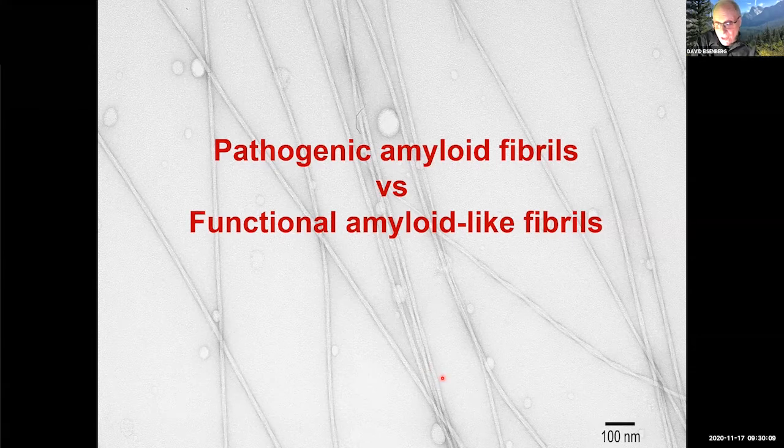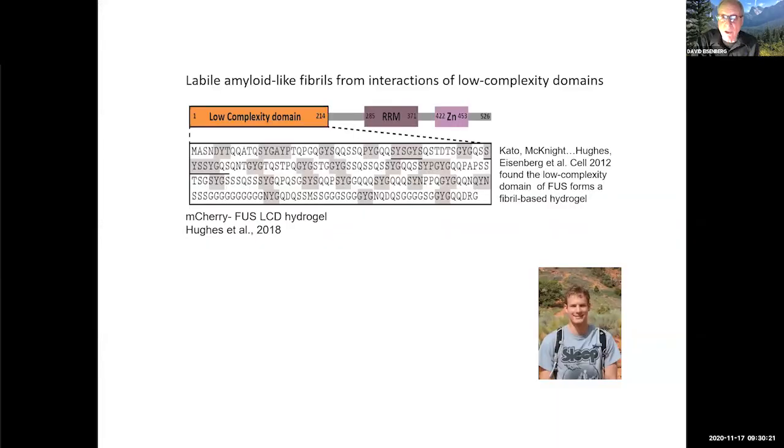So now I go to the last topic, my 3rd topic, which is these functional amyloid fibers and their conversion to pathogenic fibers, which I think is going to be a very important topic in the long run. We got into it through Steve McKnight, University of Texas Southwestern, who had been working with the protein FUS, used in sarcoma.